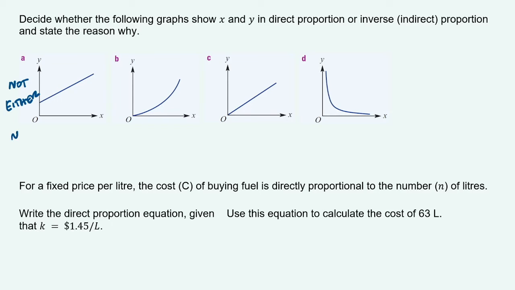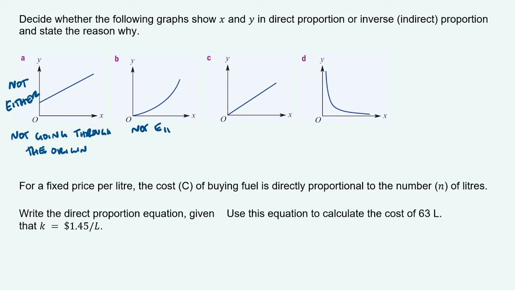Okay, because it's not going through or passing through the origin. That was one of the two main features of direct proportion, straight line going through the origin. If we look at B here, it is again not either one.